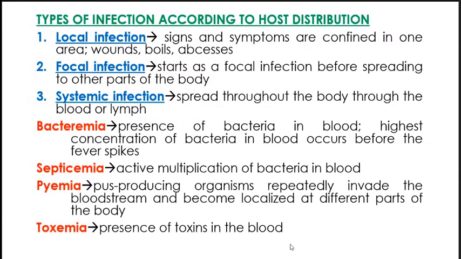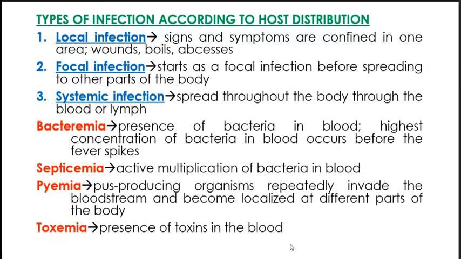If you will go back to your structure in the cell wall of your gram-negative bacteria, wherein you have your outer membrane, and then you have your thin layer of peptidoglycan. You have there your outer membrane is made up of your LPS. And di ba sabi natin the LPS is made up of three.